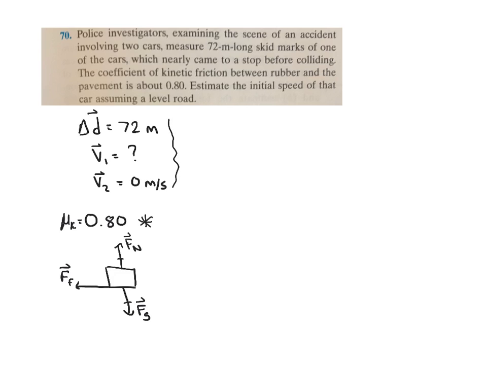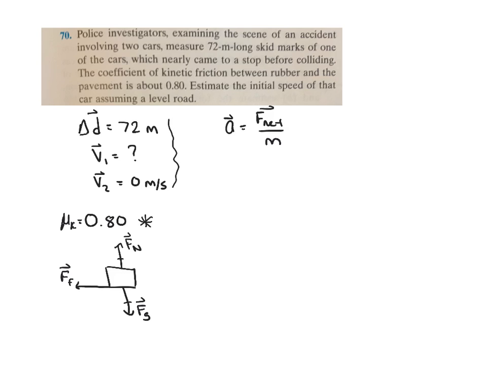Now, if we take this free body diagram and we try to apply Newton's second law to get the acceleration, so here's Newton's second law. Acceleration is net force divided by mass. Now, what is the net force in this case?